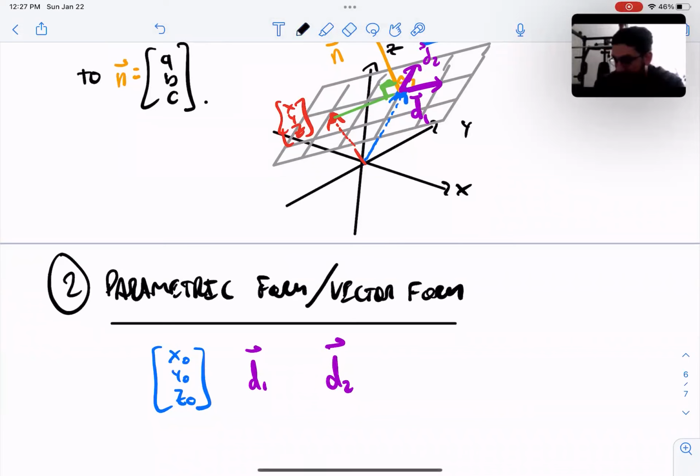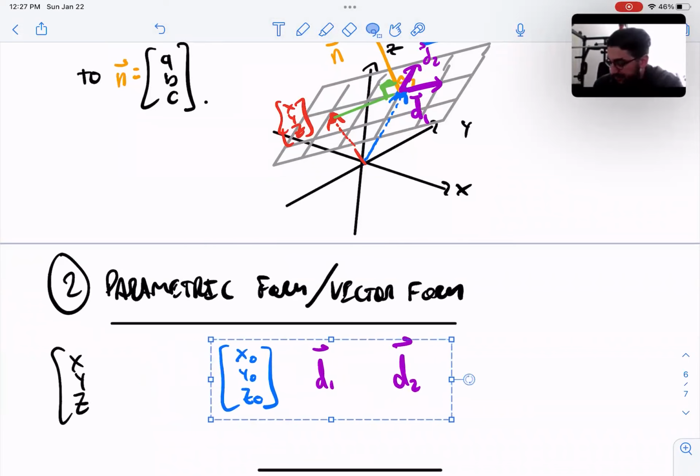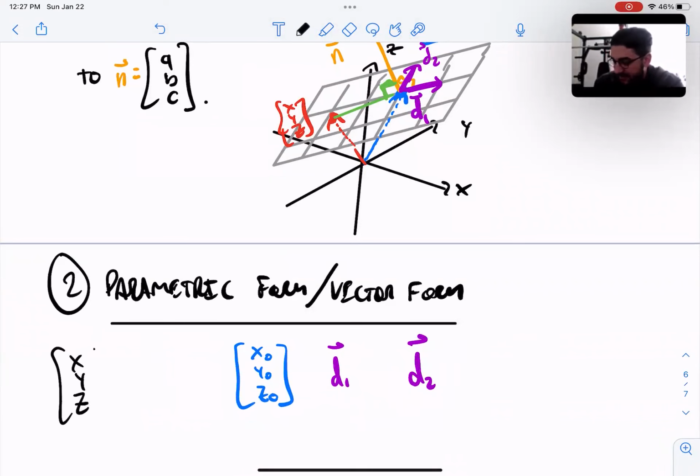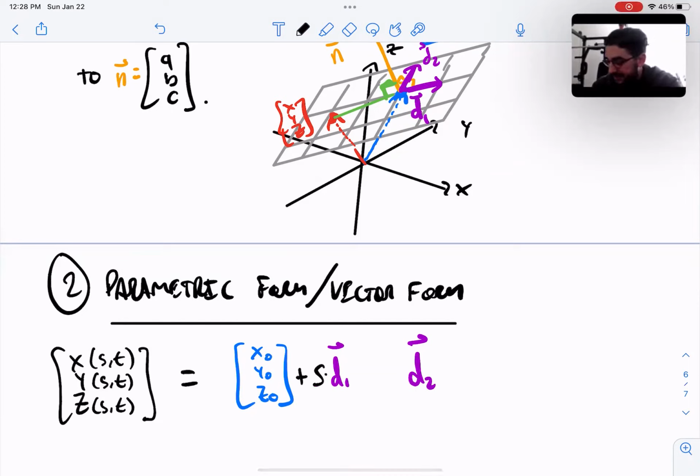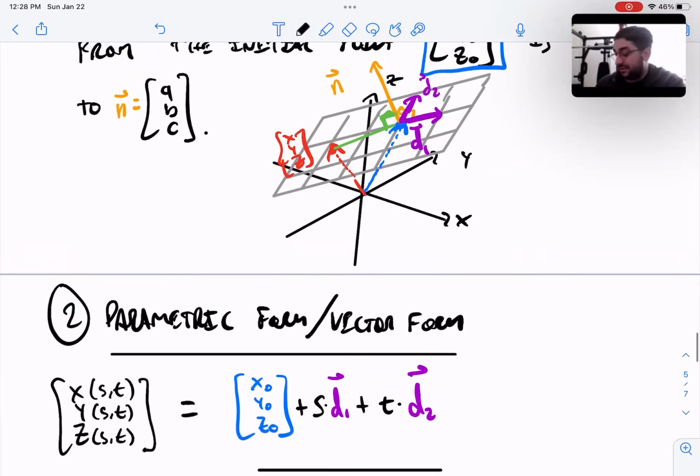They're going to be parameterized by two parameters, s and t. So it's a kind of parametric surface. It's some initial point plus s times D1 plus t times D2. That's another way to reach all the points in the plane.